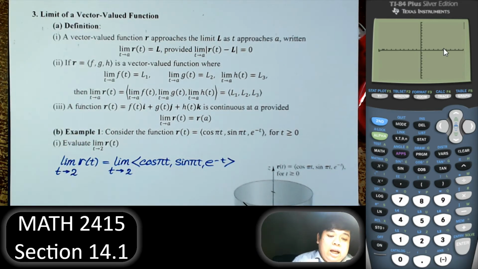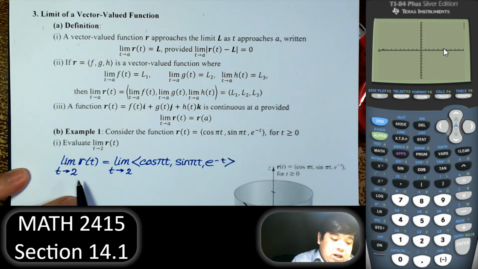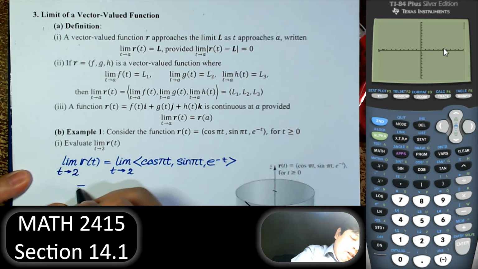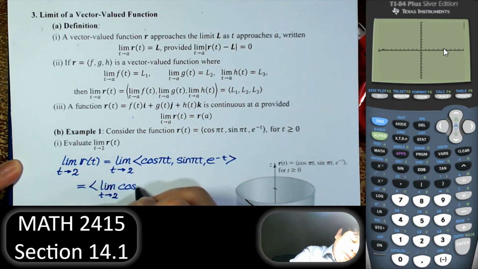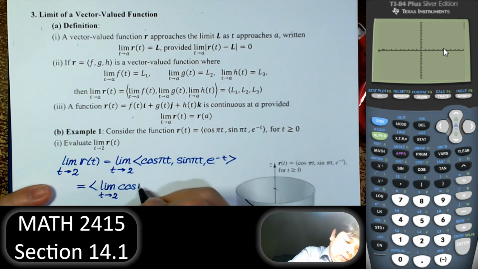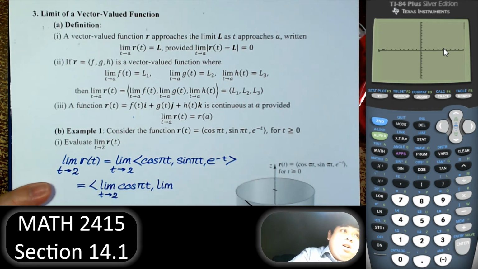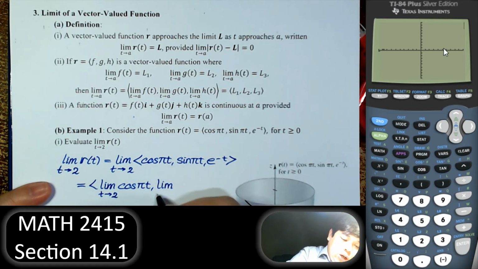The limit of a vector valued function is the vector of the limits, if those limits exist. So we put the limit on each component function.